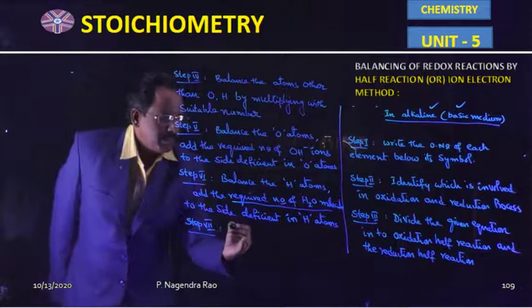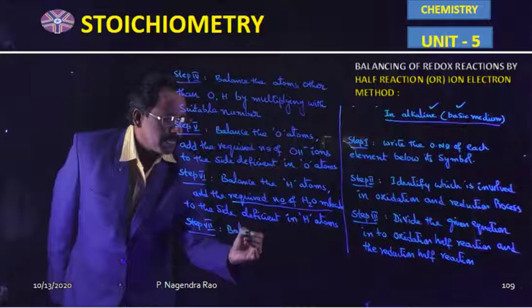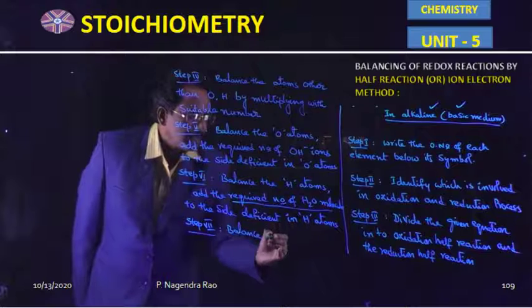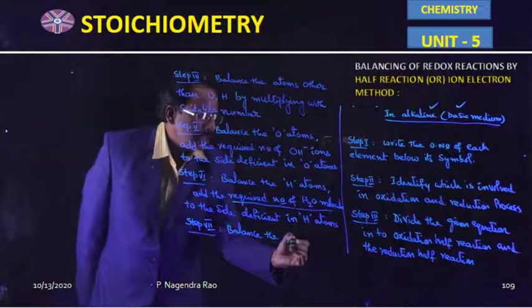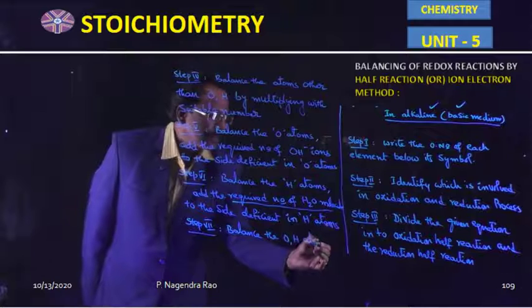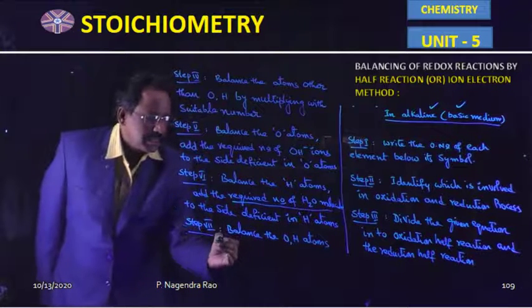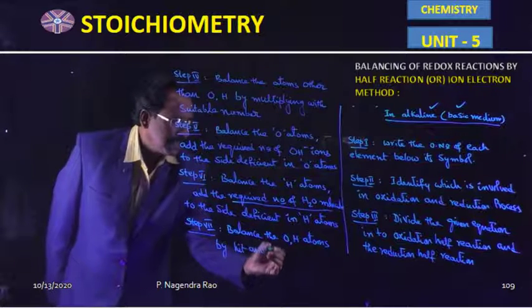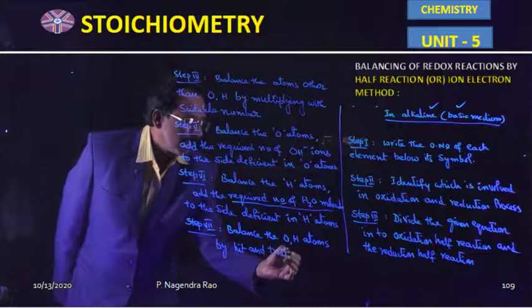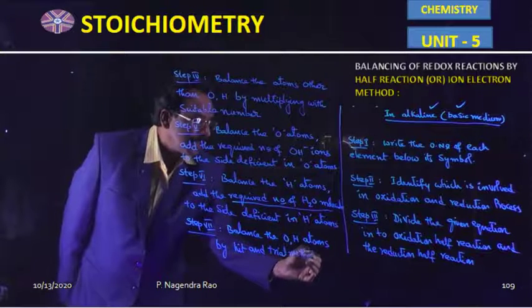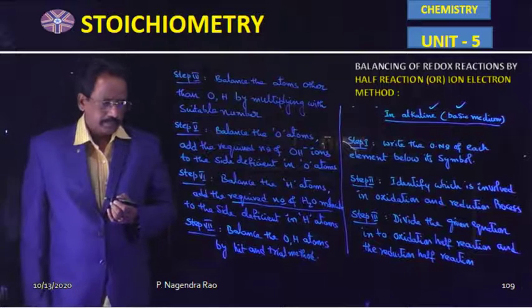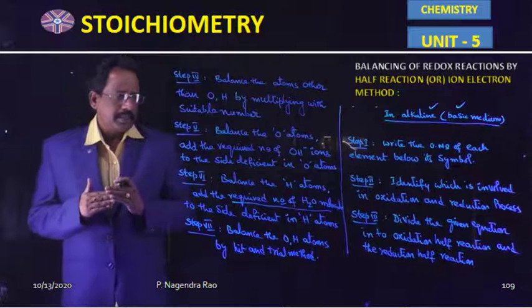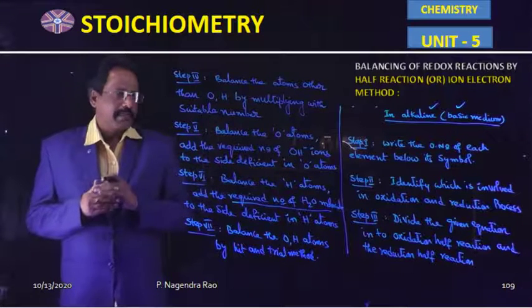That's why balance the oxygen, hydrogen atoms by hit and trial method. Multiply a suitable number with OH minus ions.